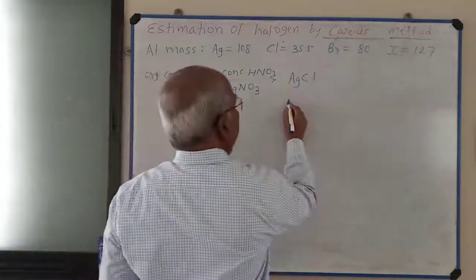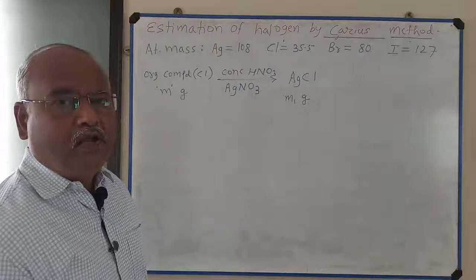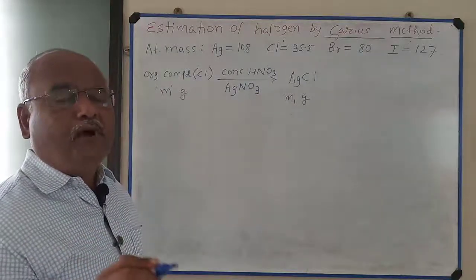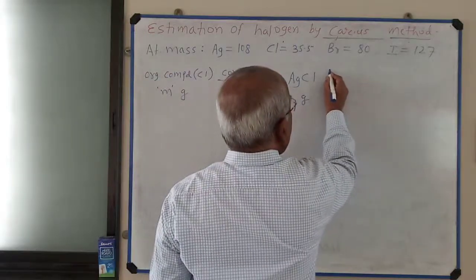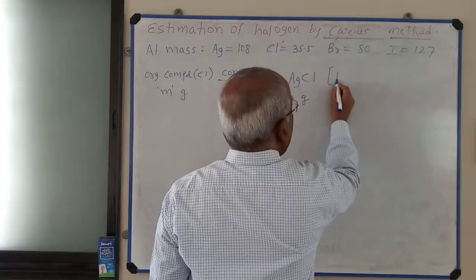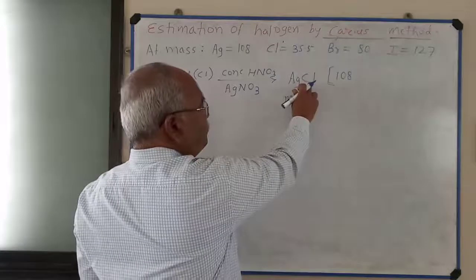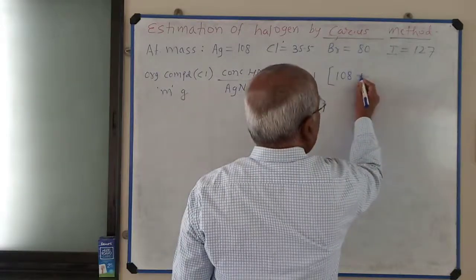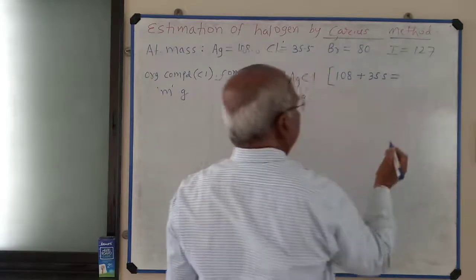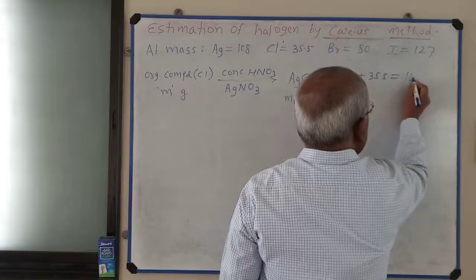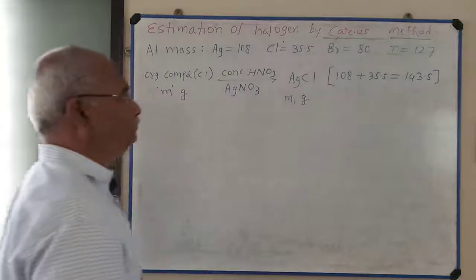Suppose the mass of AgCl is m1 gram. Calculate the molar mass of AgCl. Atomic mass of silver is 108 plus atomic mass of chlorine 35.5, that is equal to 143.5.